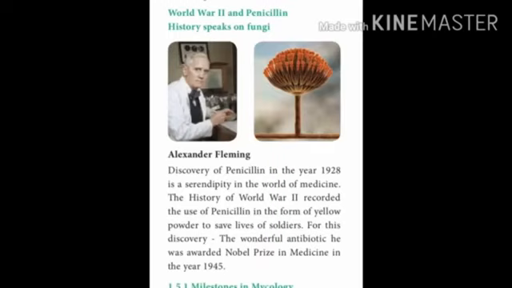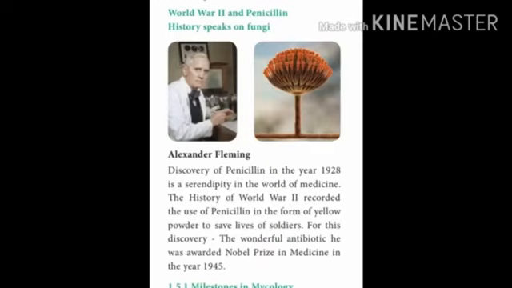In the year 1928, before World War II, he found a medicine. The medicine was taken from penicillin, a fungus. It is a form of yellow powder. This yellow powder saved the lives of many soldiers, and this is how the discovery started.